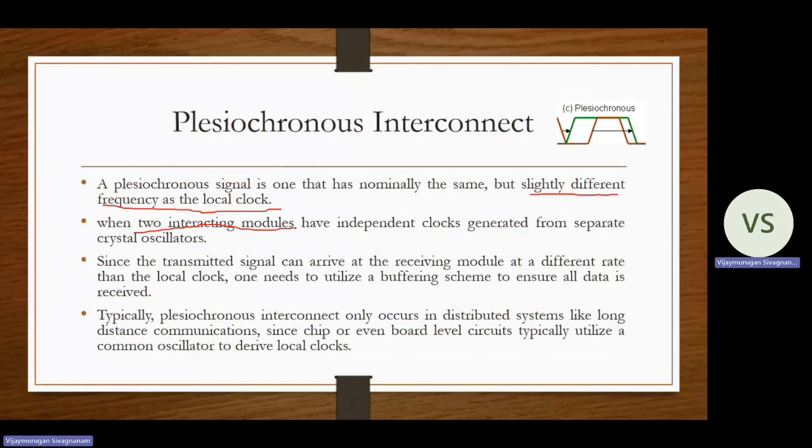In this isochronous interconnect, we have two modules, the transmitter and receiver. Both have different clock frequencies, generated by two different crystal oscillators. The signal is transmitted from the transmitter, then the receiver receives the signal.